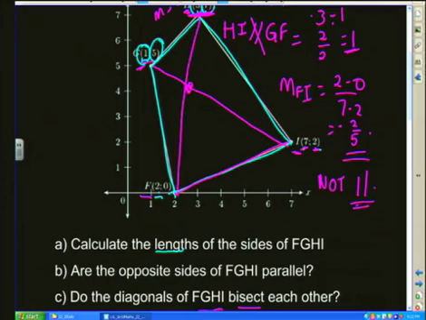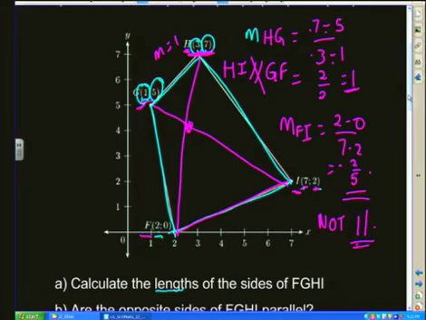So if they were bisecting each other, those diagonals will have the same midpoint. So let's check and see if that is in fact the case. Again, I'm going to work on the top here so that we can get everything into our answer without having to go up and down. Okay, so I'm going to look at the midpoint of HF.